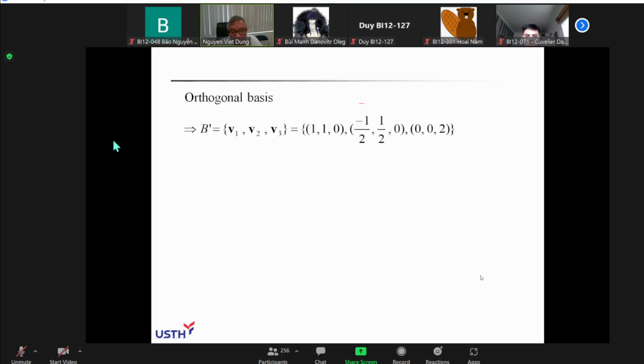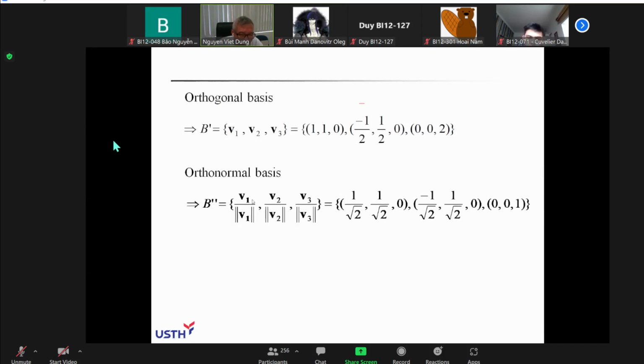And yeah, you see, B prime consisting of v1, v2, v3 is already an orthogonal basis, but now we need to normalize it to get the orthonormal basis.